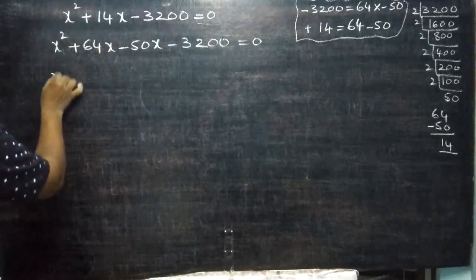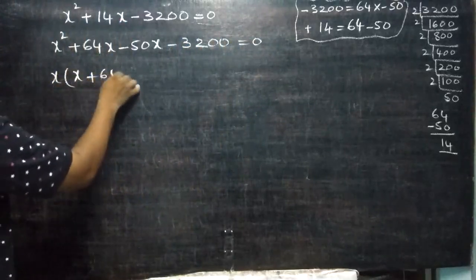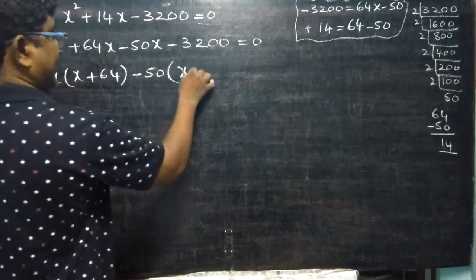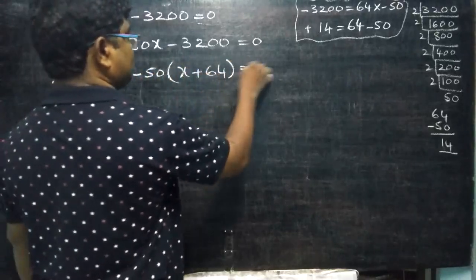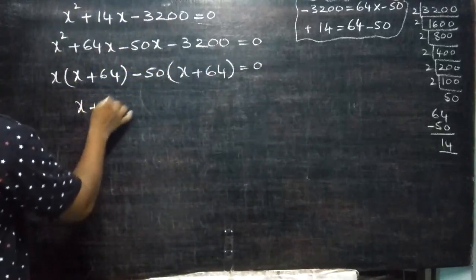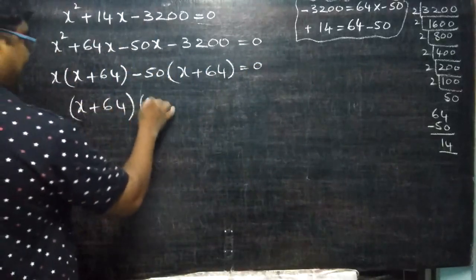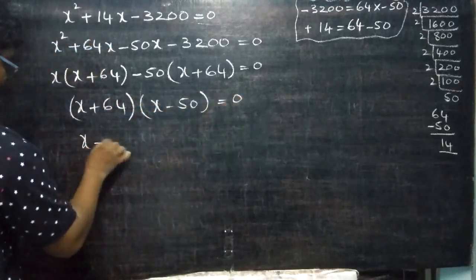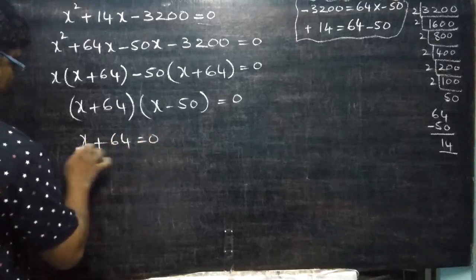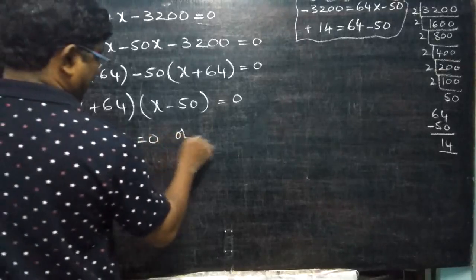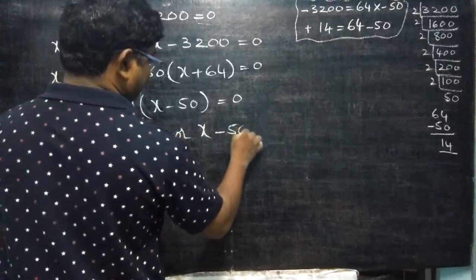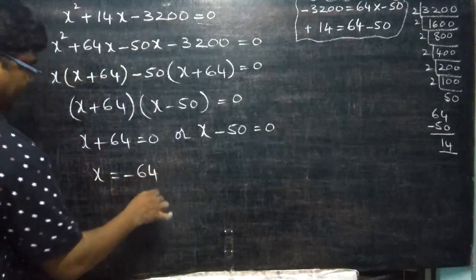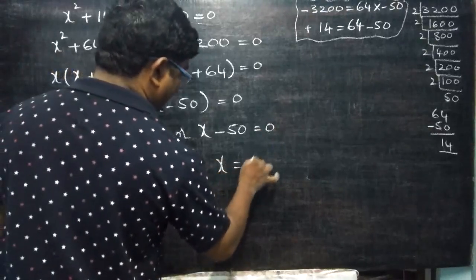From the first two you are taking x common, x plus 64, and from the next two, minus 50 you are taking common, x plus 64. (x plus 64)(x minus 50) is equal to 0. x plus 64 is equal to 0 or x minus 50 is equal to 0. x is equal to minus 64 and here x is equal to 50.